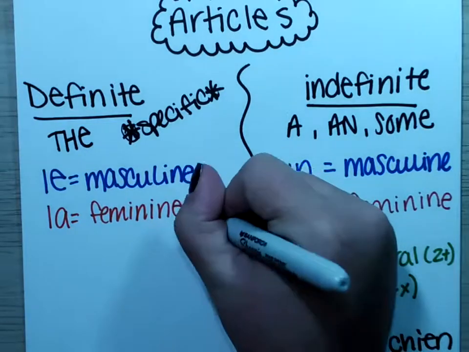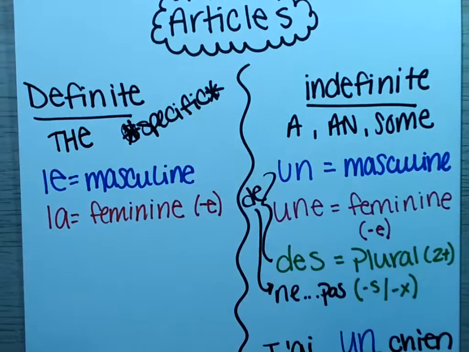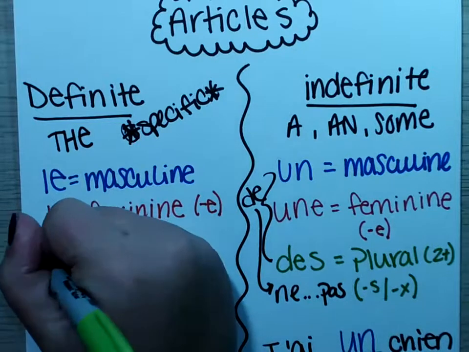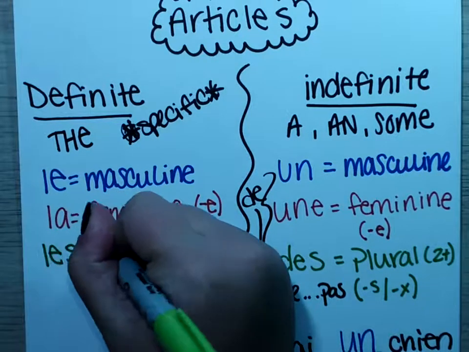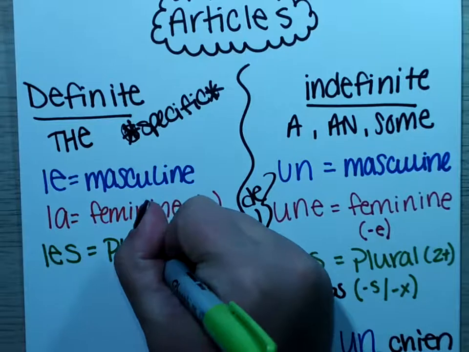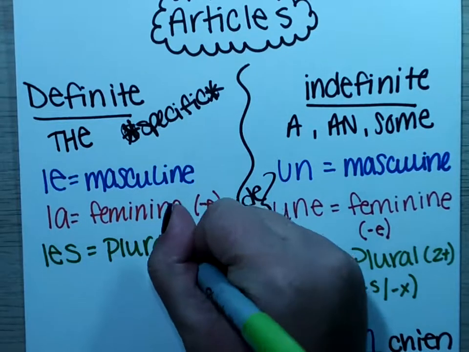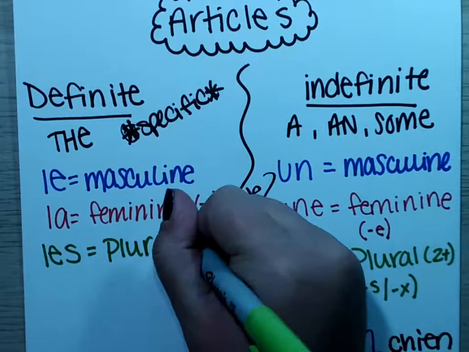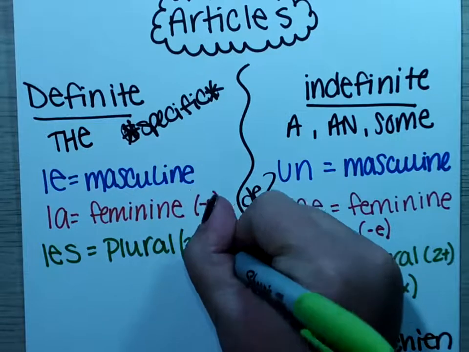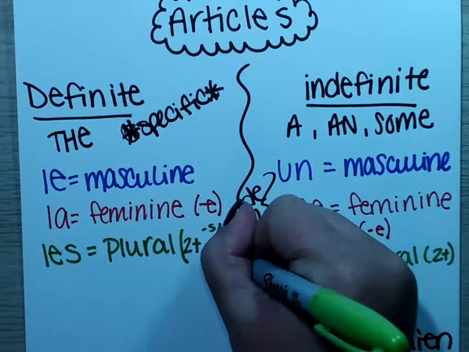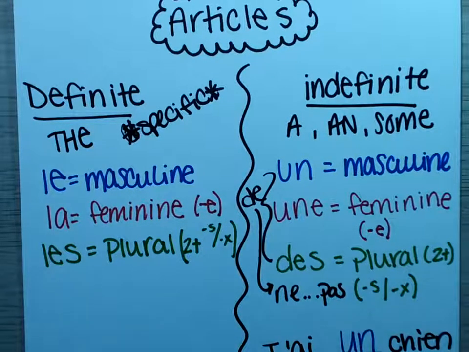And remember, feminine words are usually going to end in that E. Our next one is the plural, and the plural is les. And so that is two or more, and it is usually going to end in S or X, right? So those are the plural ones.